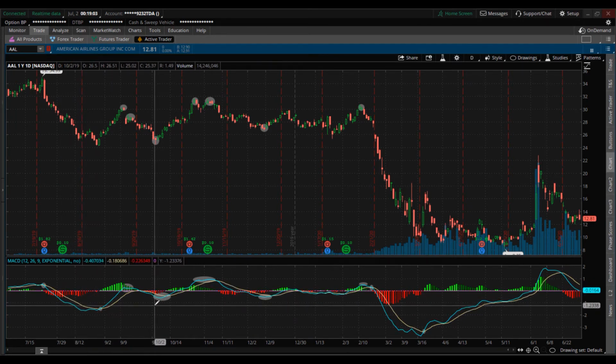Now, the MACD is typically a lagging indicator, but when you use it in a way that I call the peak and valley method, it can be used as a potential predictive indicator. When looking for peaks and valleys, I typically look at the fast line for wherever it tends to flatten out.